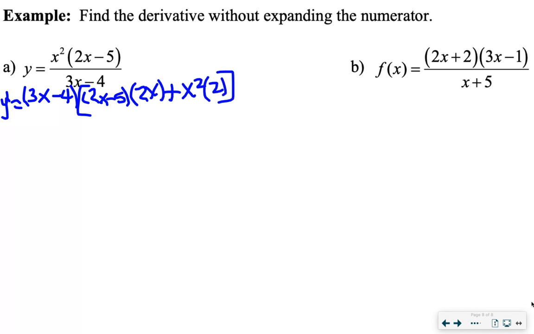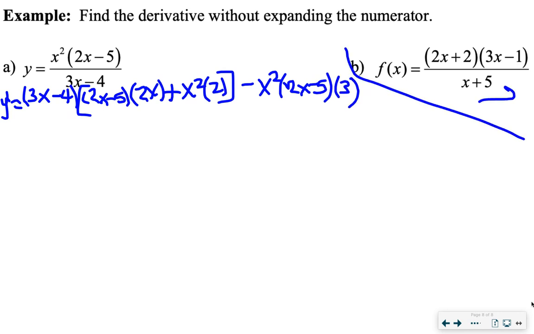So that's bottom d top minus top d bottom. So that one's going to be done on another page. All over the bottom squared. So 3x minus 4 all squared. Okay.